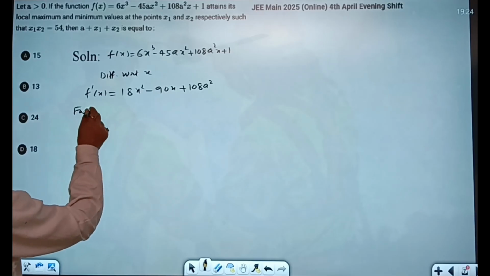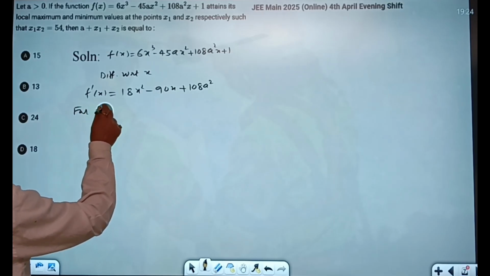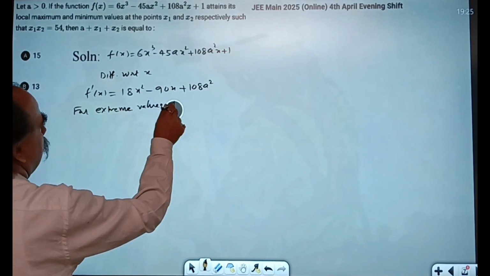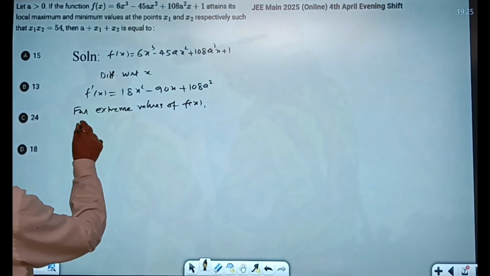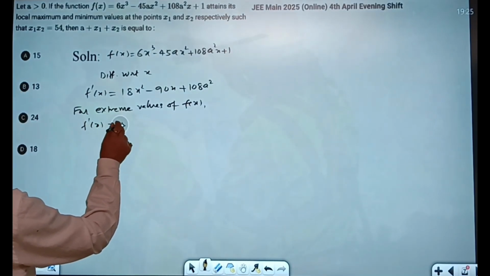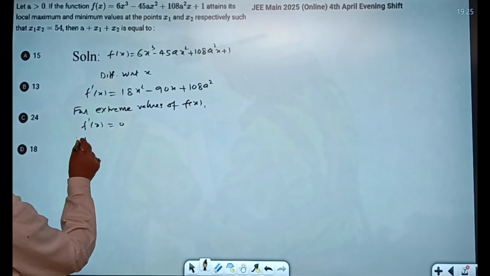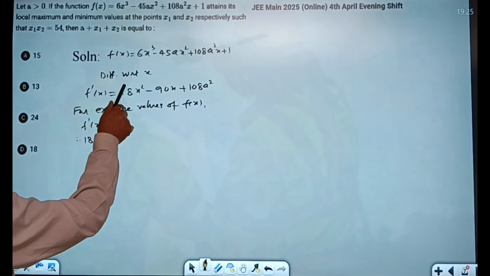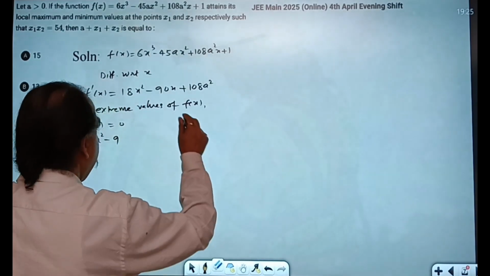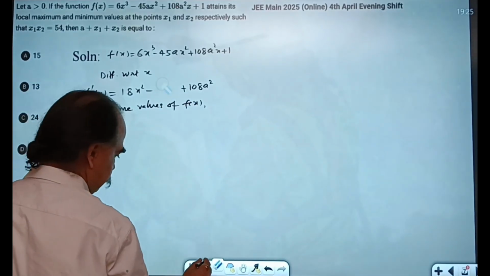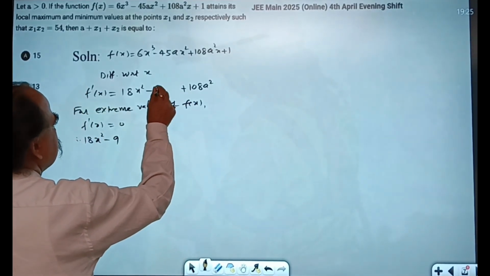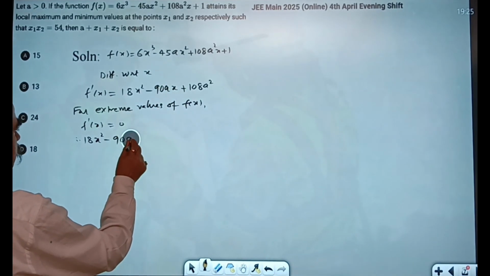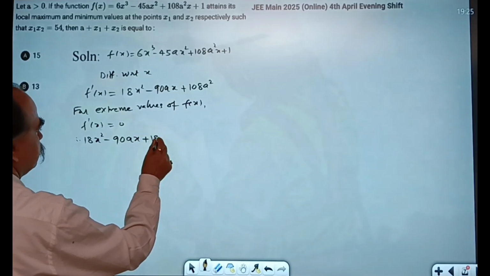For extreme values of f(x), f dash x is 0. 18x square minus 90ax plus 108a square is equal to 0.